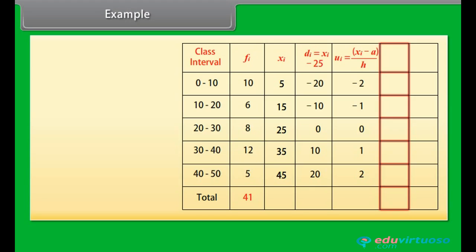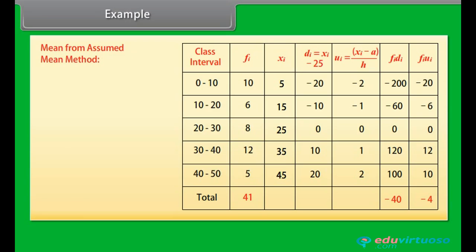In the sixth column, we find the product of fi and di, and their sum is minus 40. In the seventh column, we find the product of fi and ui, and their sum is minus 4.